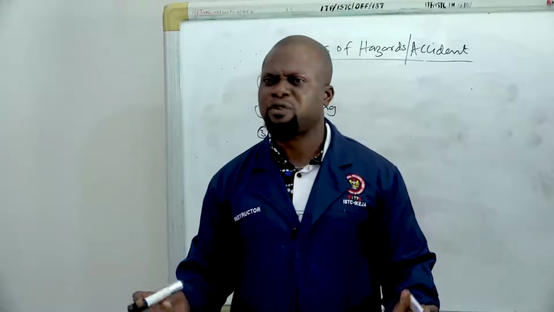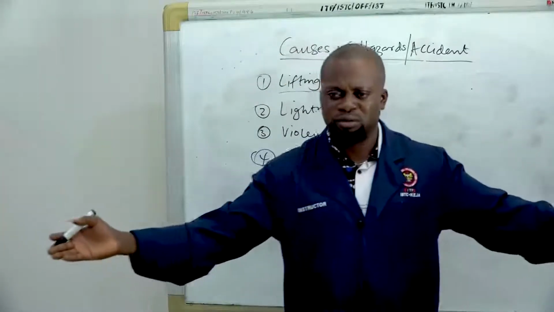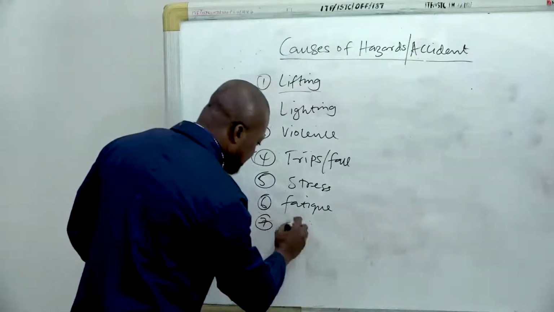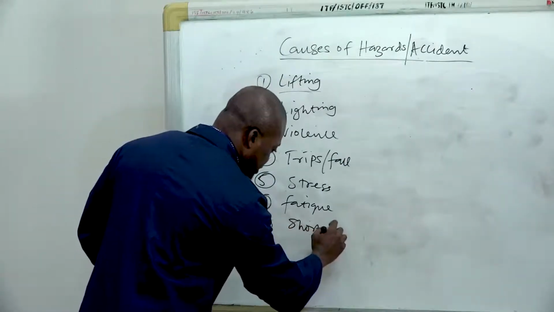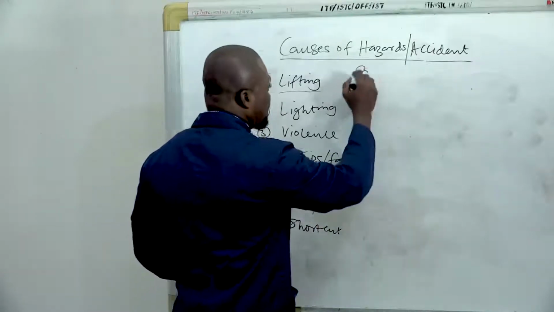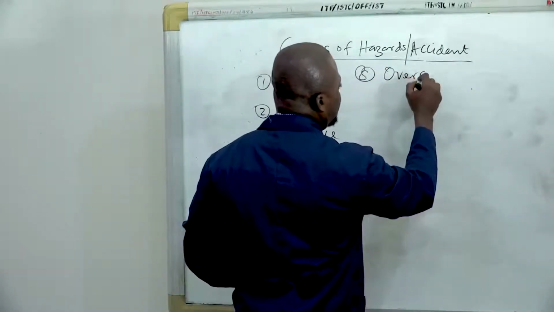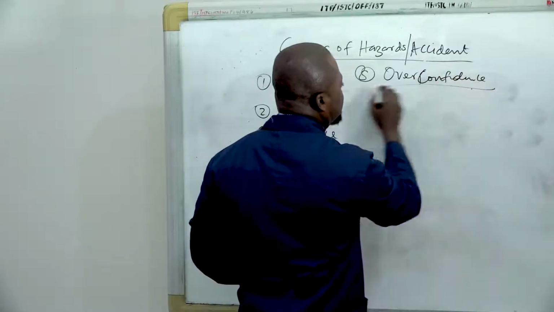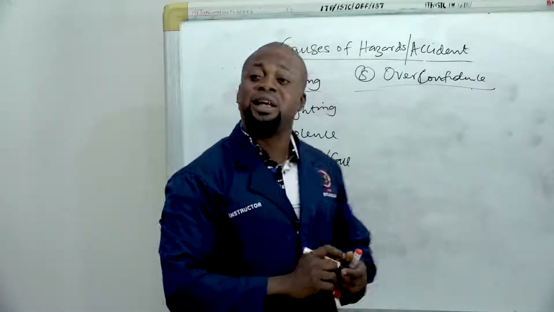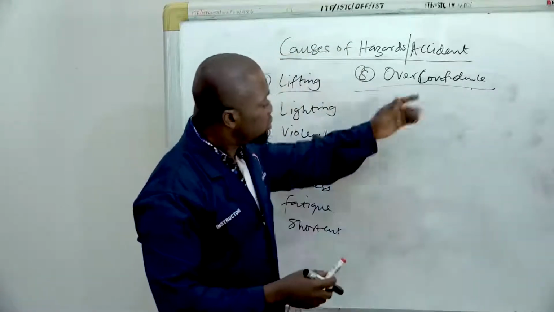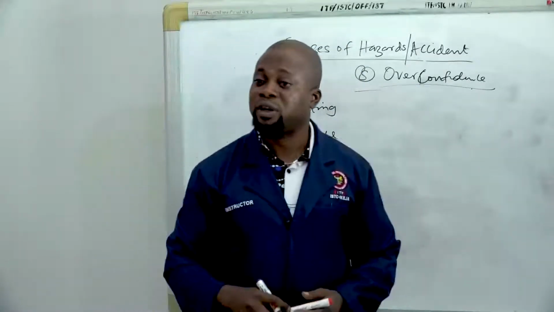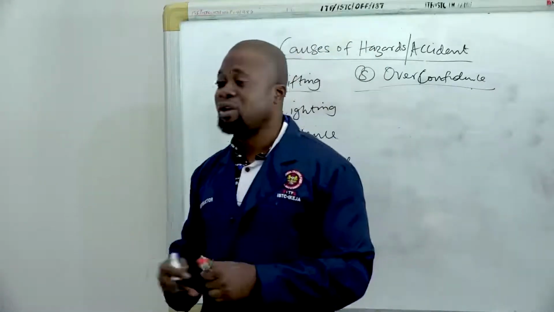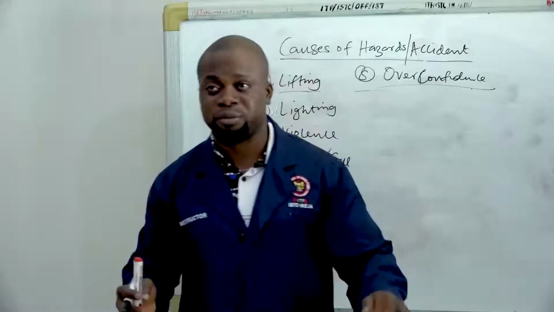Okay? Then of course there are some persons like, overconfidence. It's another way. Because in a class, you must have somebody of that nature, somebody that's full of, I can do it, I can do it, until you carry out the job.